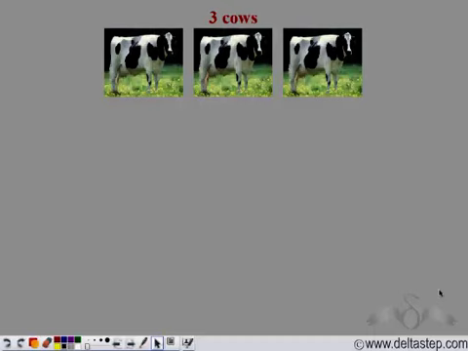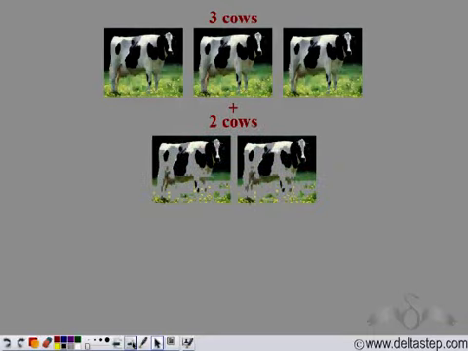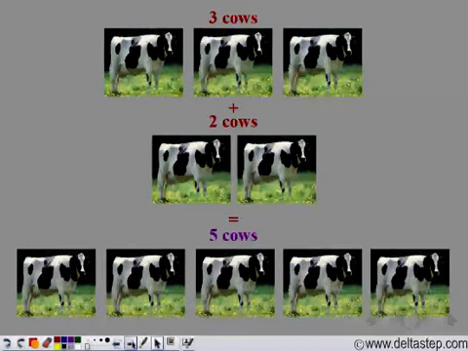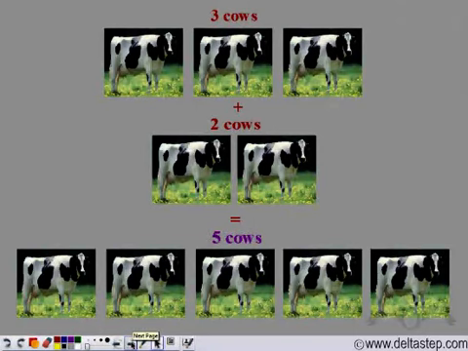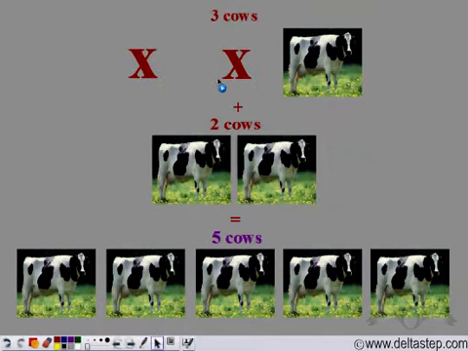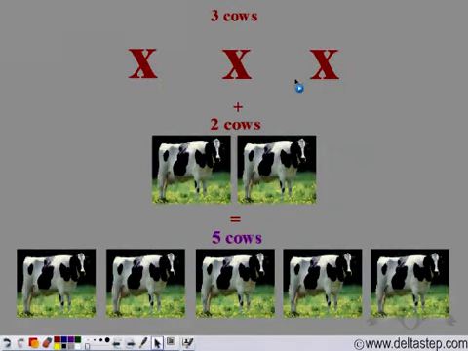If there are 3 cows and I ask you to add 2 cows, how many cows will be there? There will be 3 plus 2, that is 5 cows. Now, if I represent a cow by an X, so in place of each cow, if we have X, we have X, 2X, 3X.